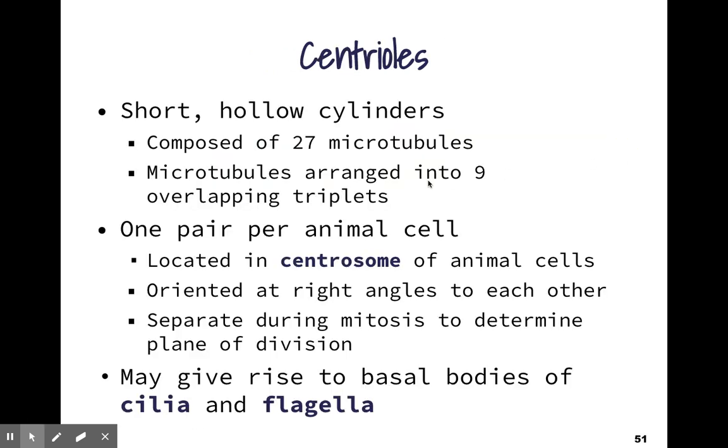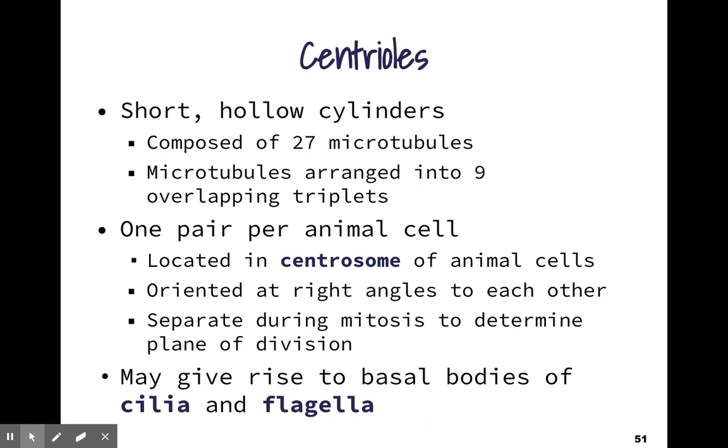All right, next we have our centrioles. We most remember centrioles when we're talking about mitosis. They are short, hollow cylinders composed of 27 microtubules, arranged into 9 overlapping triplets. There's one pair per animal cell, so centrioles are only found in animal cells.